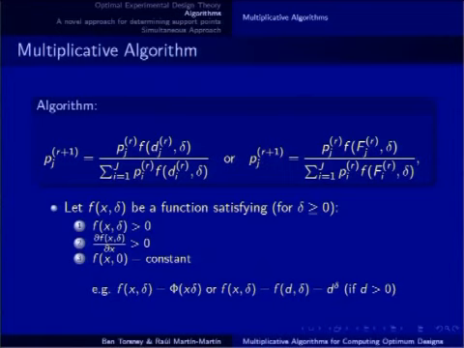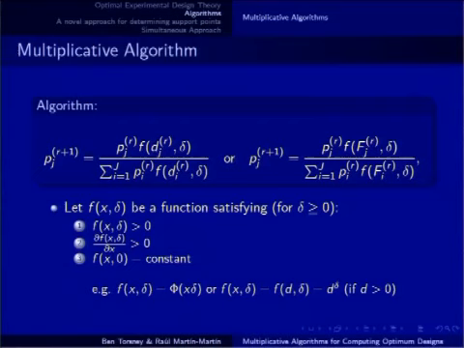And the function should be positive, increasing in the first variable x here, and if the second variable is 0, we would like it to be a constant. And here would be 2 examples: d to the power delta if d is positive, or this is meant to be the normal distribution function with argument delta times x.